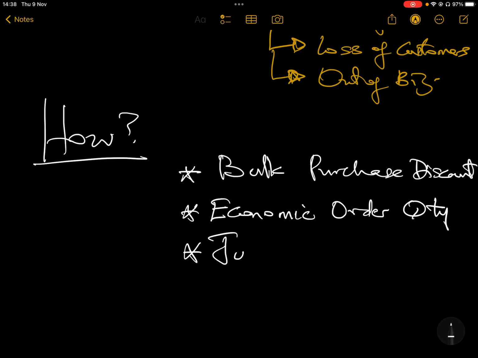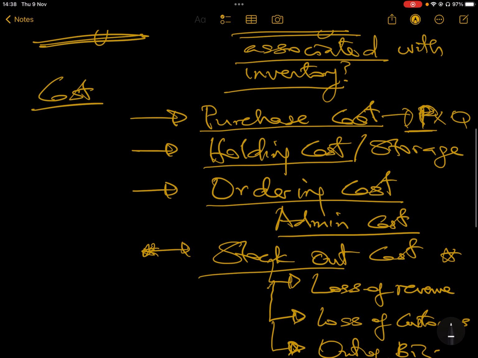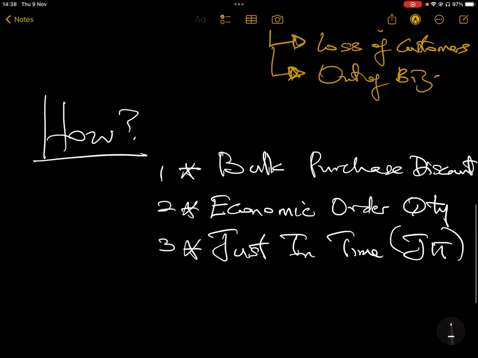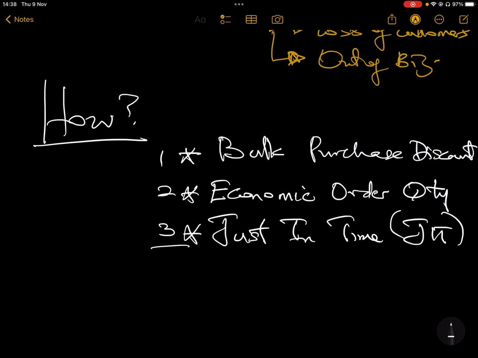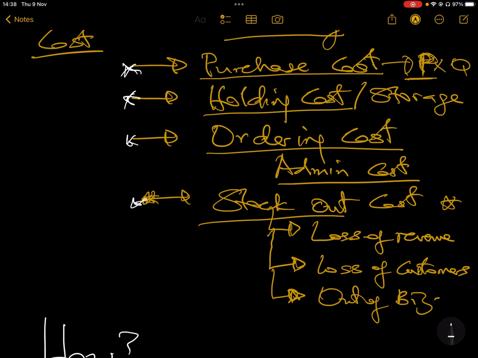And thirdly, you can also adopt a just-in-time approach, JIT, very popular as well. So these are three methods that you can use to minimize your inventory cost. Adopting any of these three methods will reduce your total inventory cost. So all these four types of cost make up your total inventory cost management.